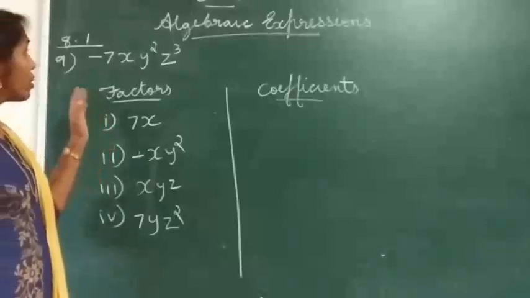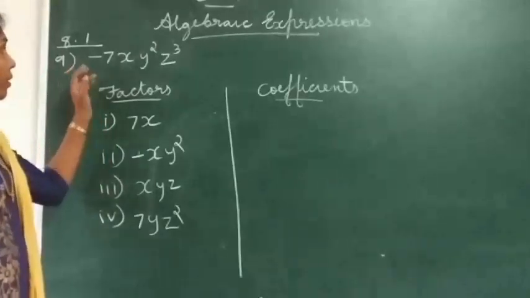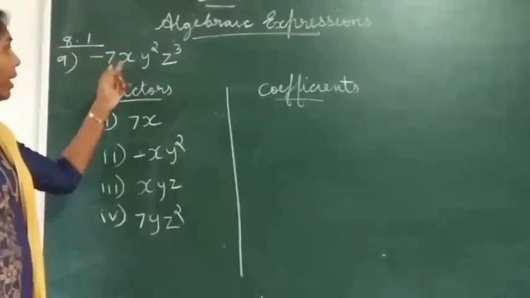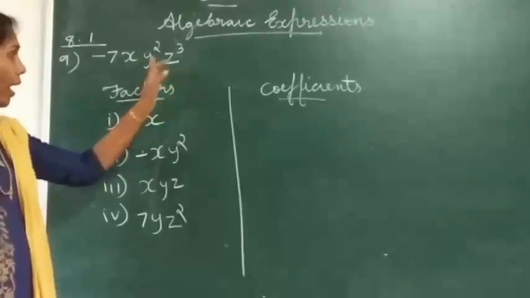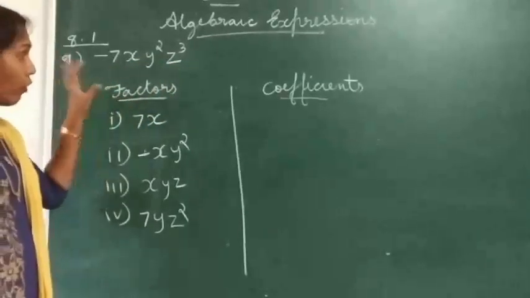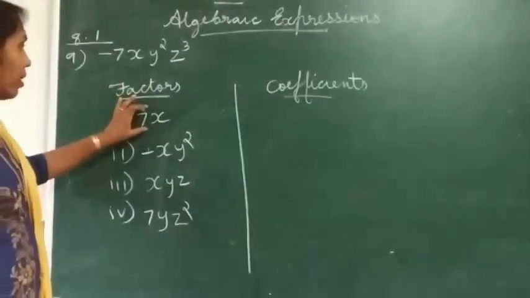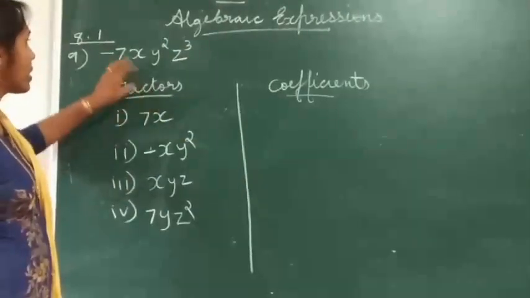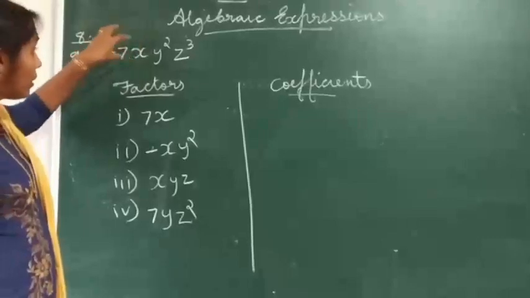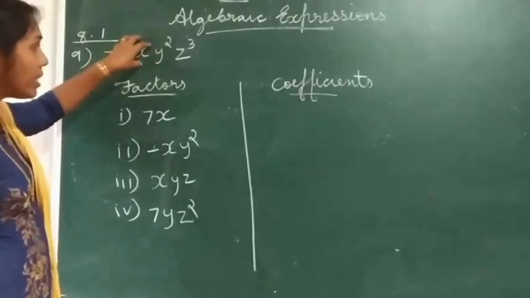Now question number 9. Here a term is given, minus 7x y square z cube, and some factors are given. We have to find the coefficients of those factors. The first one is 7x. What is the coefficient of 7x? Whatever factors other than 7x are in the given term, that is the coefficient of 7x.